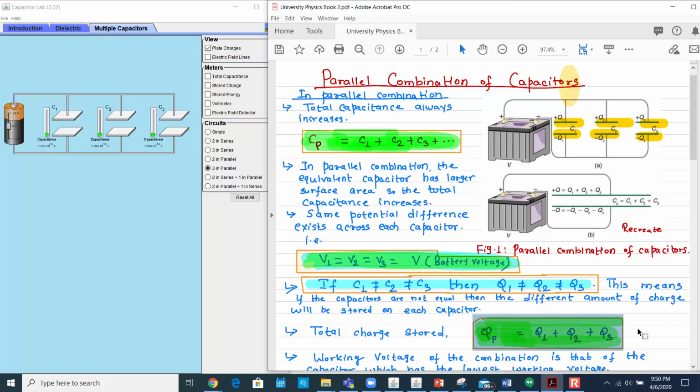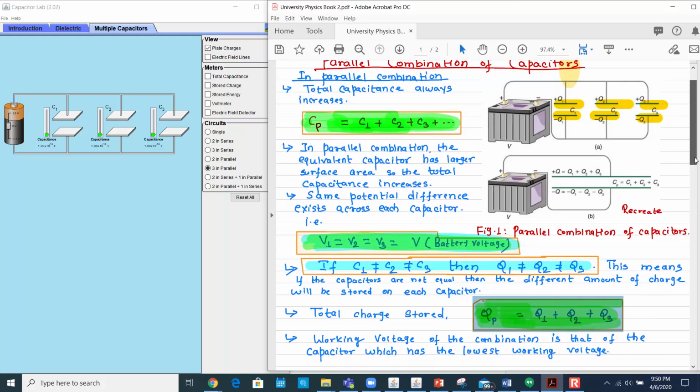The working voltage or the breakdown voltage of the combination of the capacitors is that of the capacitor which has the lowest working voltage. And the reason is that all capacitors are connected in parallel.